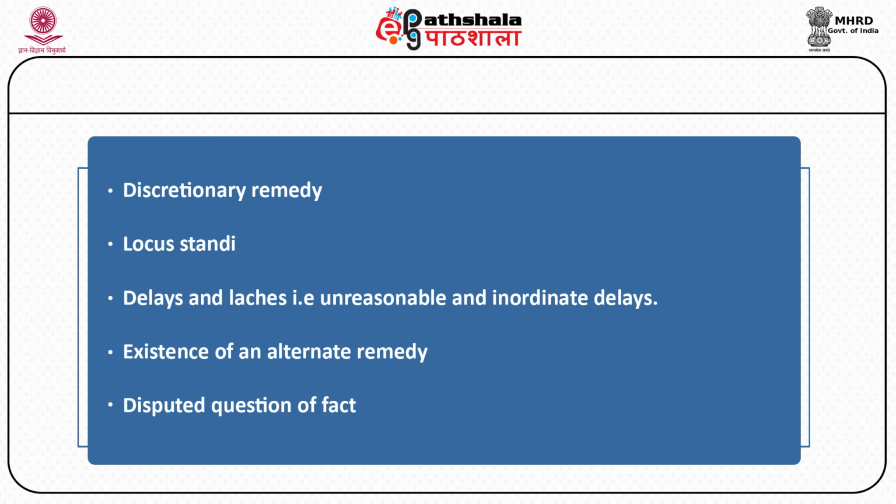Then the volume, variety and complexity of administration has increased due to the welfare orientation of the state. Hence, the court cannot review each and every administrative act affecting the citizen.